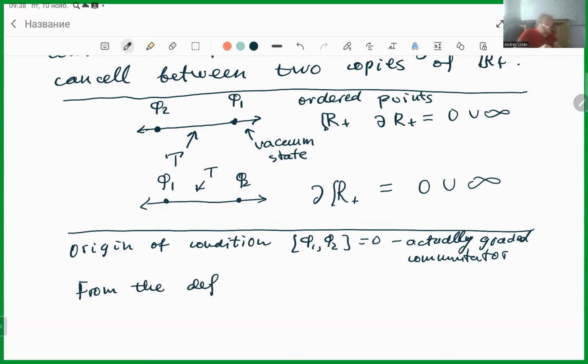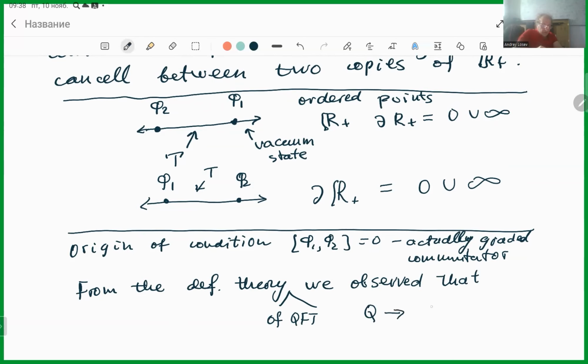From the deformation theory of QFT, we observe that Q was deformed.